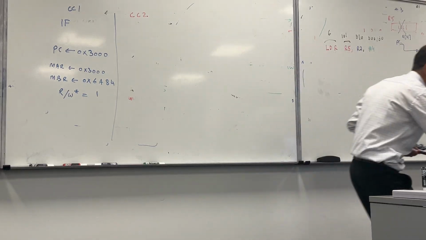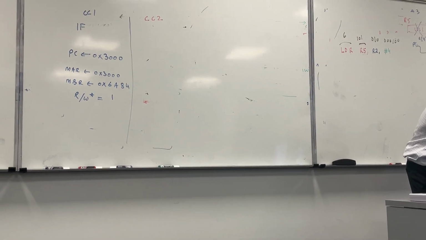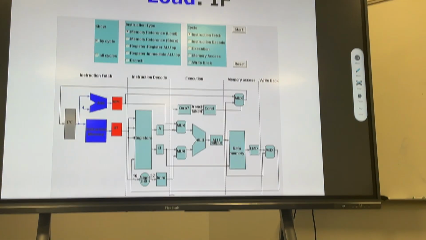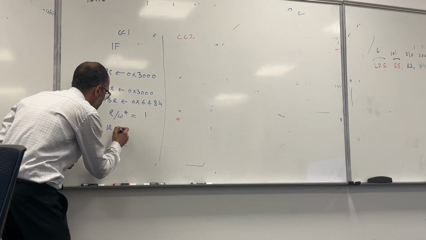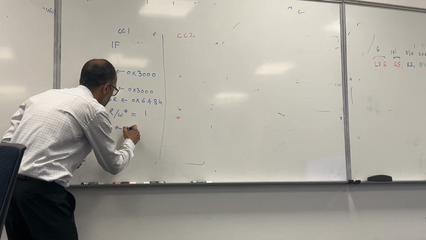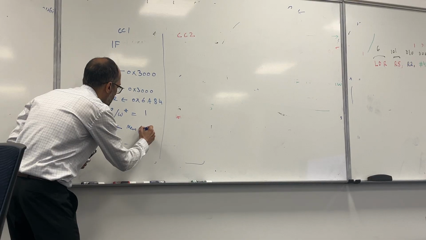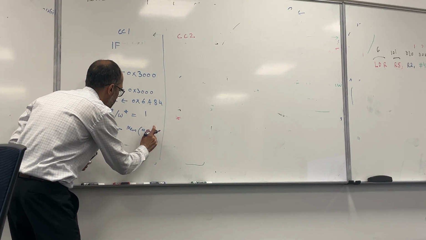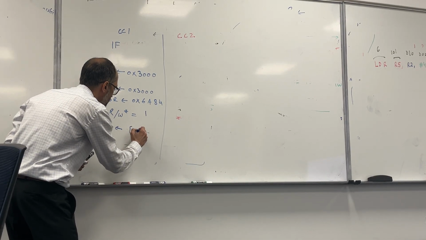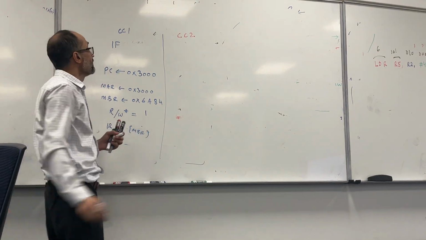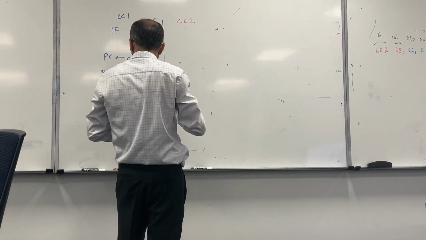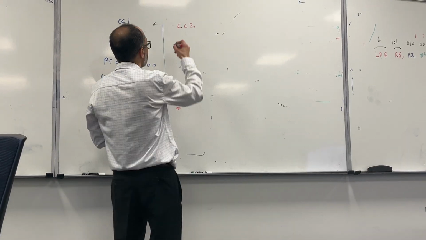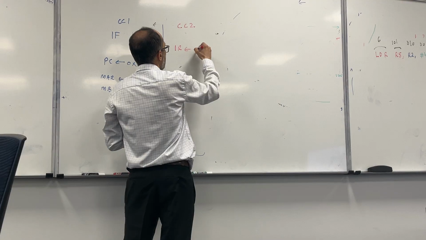So in general cases, it will go to the instruction register. So the instruction register will now contain the content of MBR. In instruction decode stage, clock cycle 2, we will decode the instruction. So IR will contain the content of MBR.